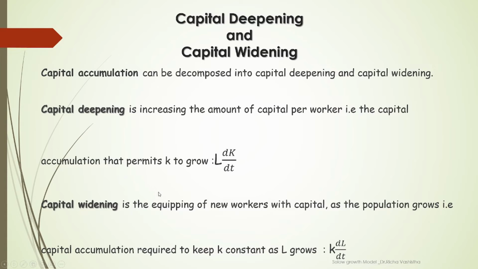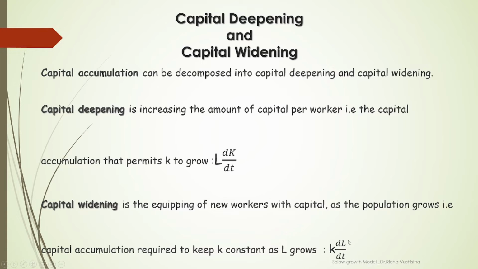Whereas capital widening is equipping new workers with capital. The basic difference is that in the earlier case the amount of capital is being adjusted, whereas in the second case the new labor force is being adjusted as per the available capital. As population grows, it shows how much of the new labor force is being equipped with available capital.